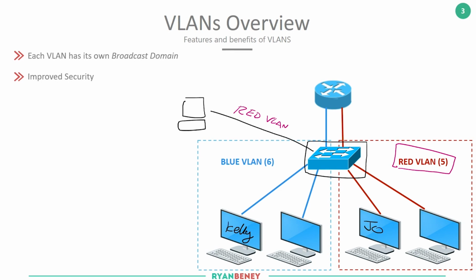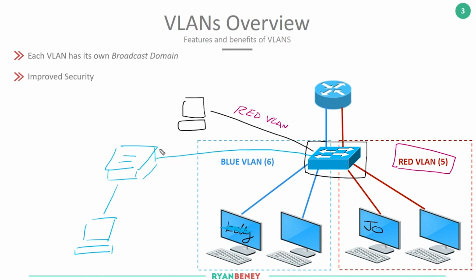What if, for example, we have Kelly on another switch and we have the two switches connected together, and we move Joe over to this switch?